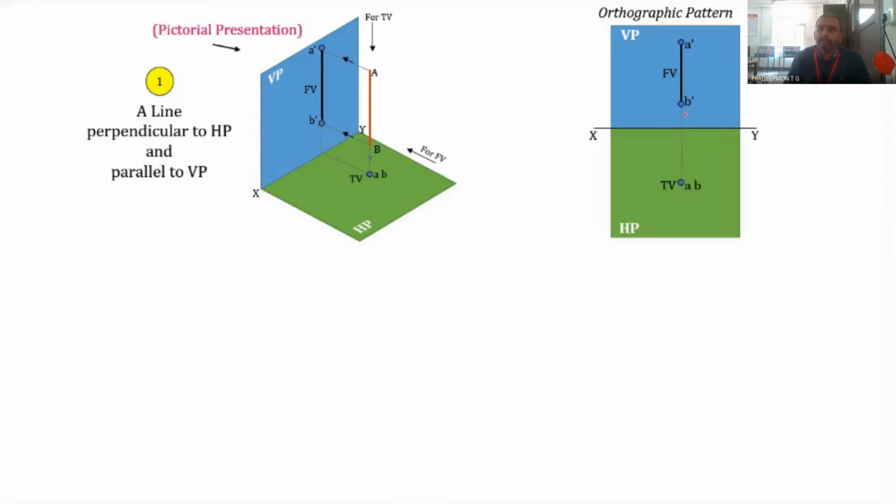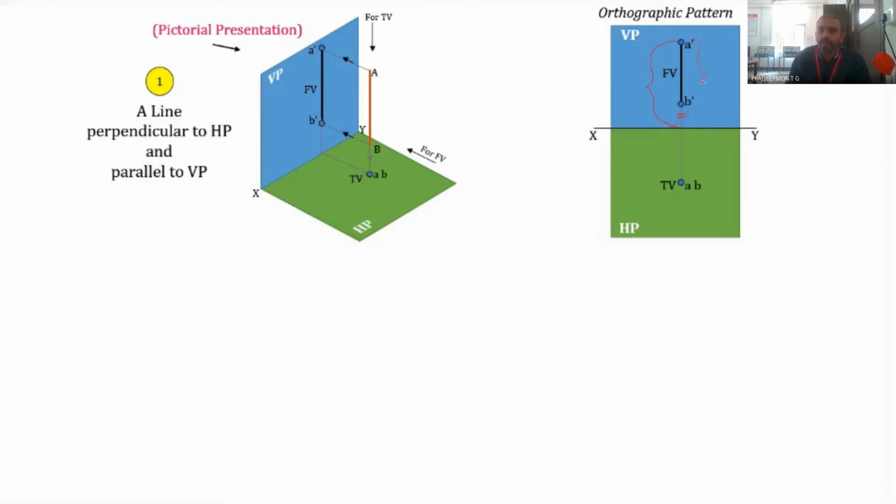And here, the distance between B and HP can be marked. This distance should be equal to the distance of point B from HP, and this distance should be equal to the distance of point A from HP, if we know the distance of point A from HP.